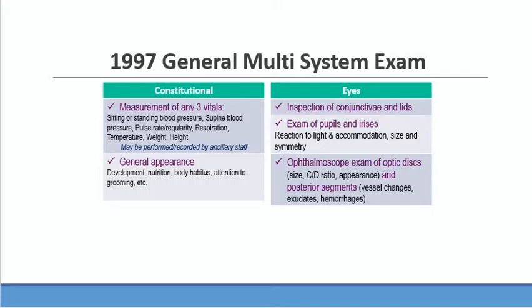Exam bullets for the eyes list inspection of conjunctiva and lids, exam of the pupils and irises, and exam of the optic disc and posterior segments. Under each bullet, they list examples of findings that may be recorded for each bullet.